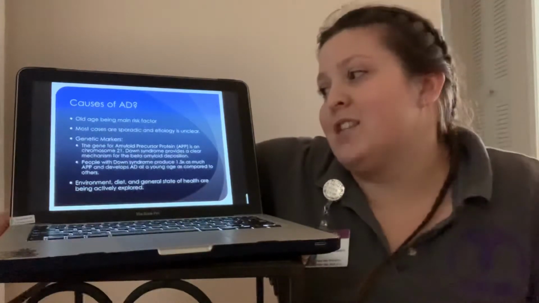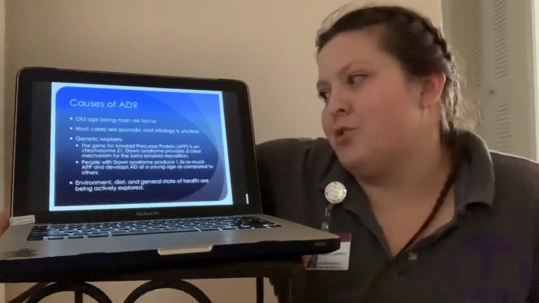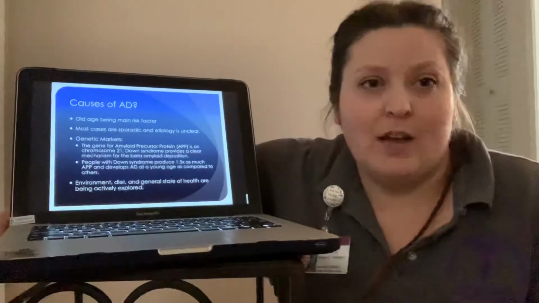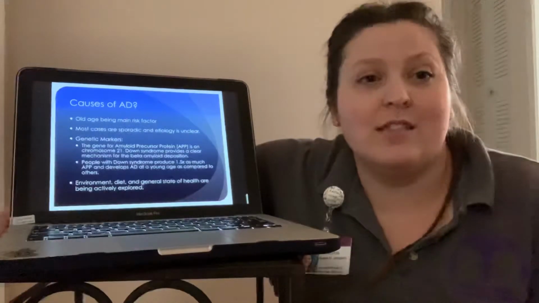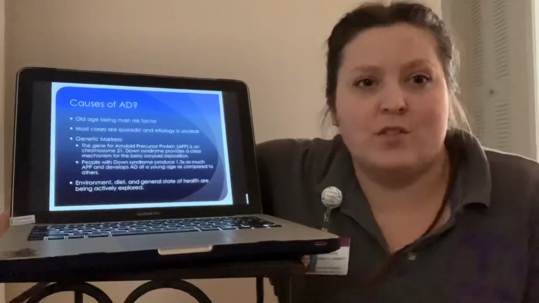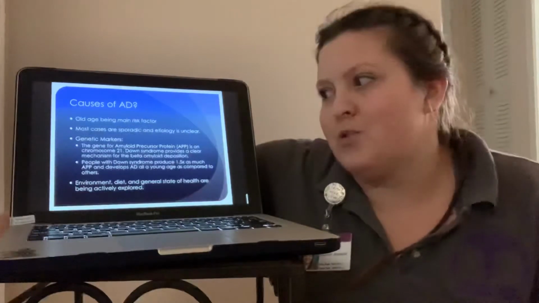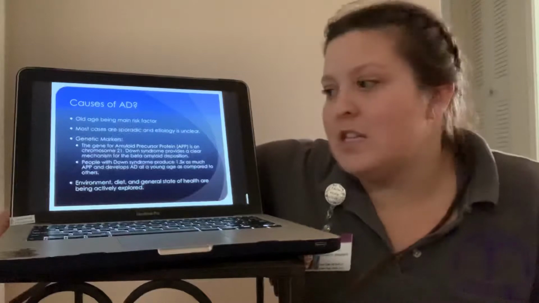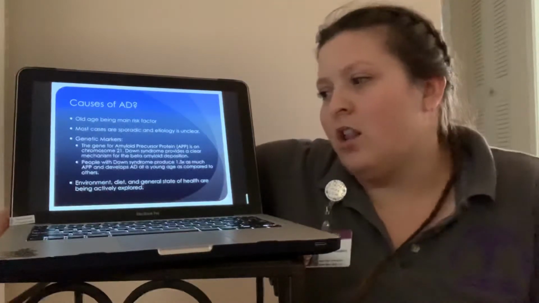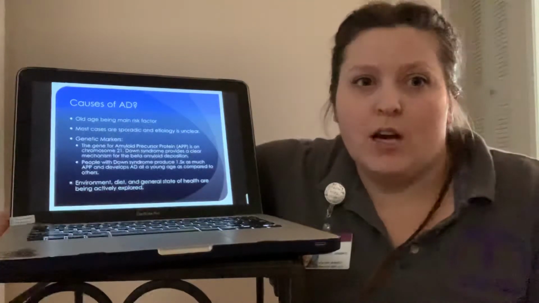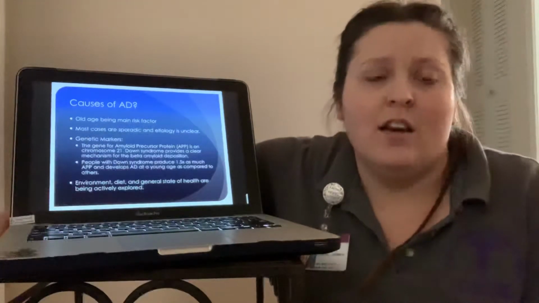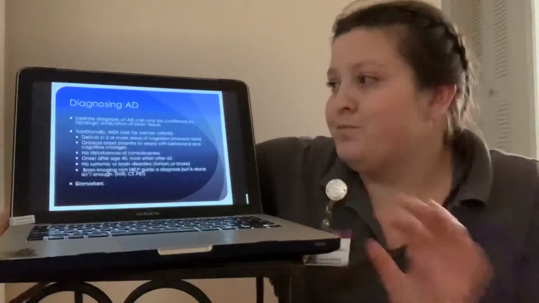Research suggested that patients with Down syndrome also had a higher chance of developing AD, actually 1.5 times more likely, because this APP protein was present on the 21st chromosome. I thought that was really interesting on the gene aspect of this disease. Also, there's a lot of research trying to see if there are any environmental or diet factors in developing this disease as well.